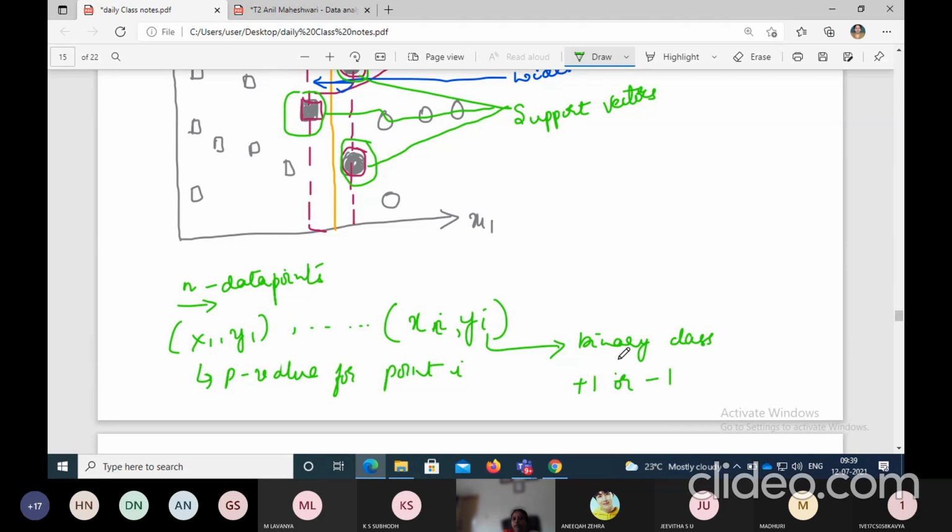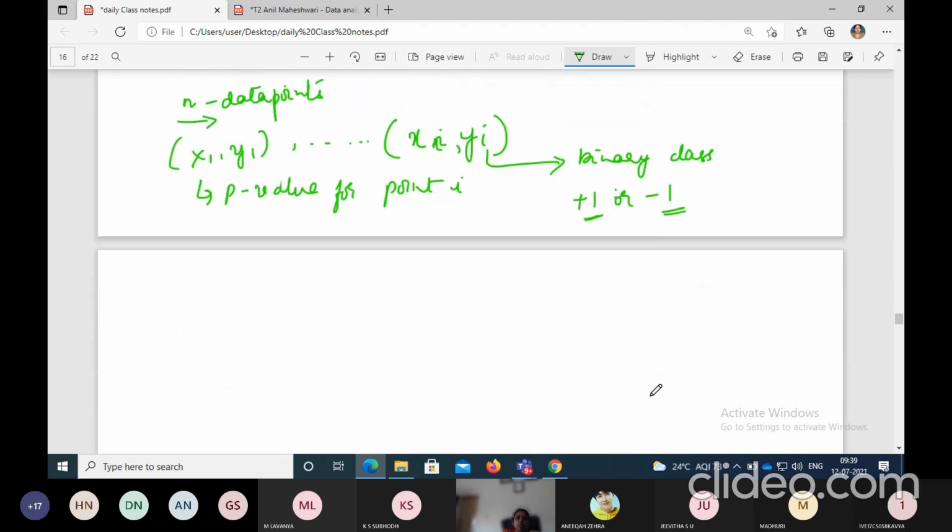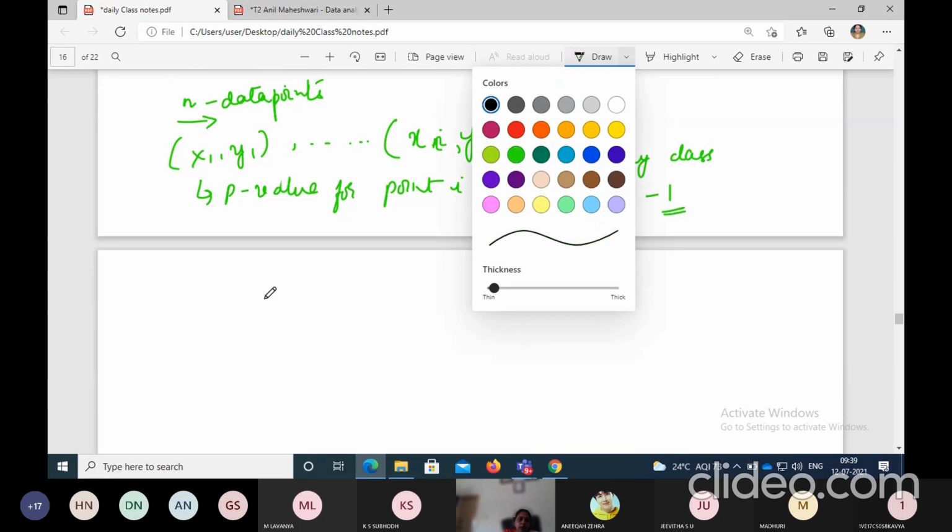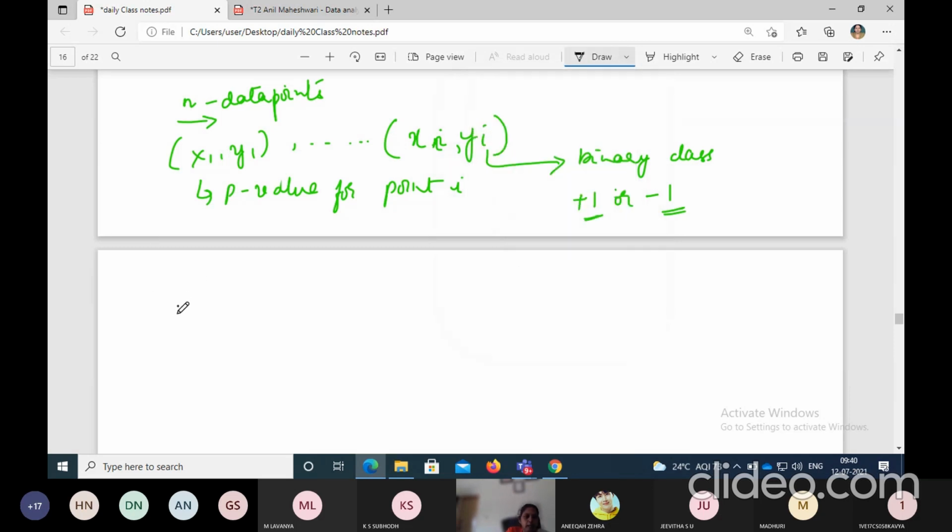So the two classes that this kind of SVM can represent are +1 and -1.